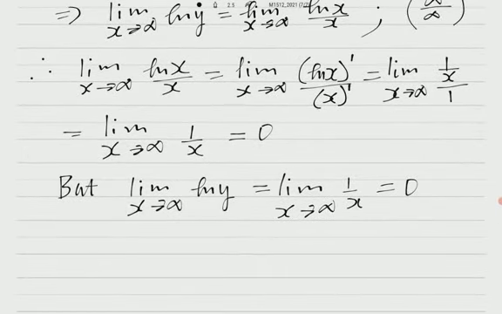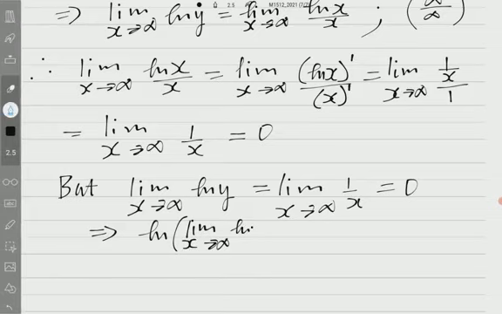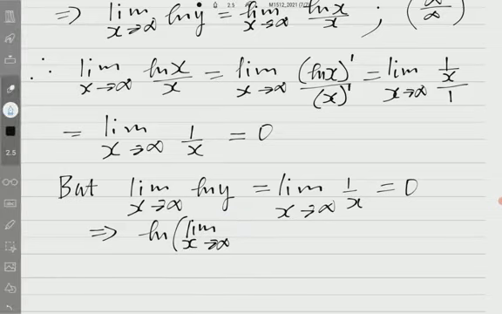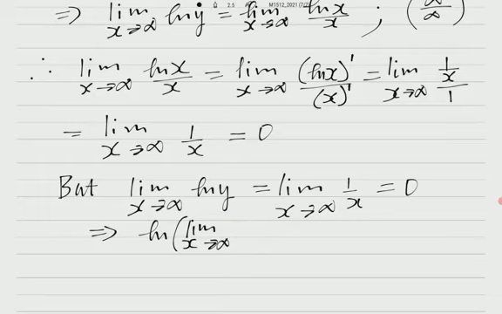Here on the left we can pass the limit into the function so that we have ln of the limit of y as x goes to infinity. On the right we just have 0, which is good for now.